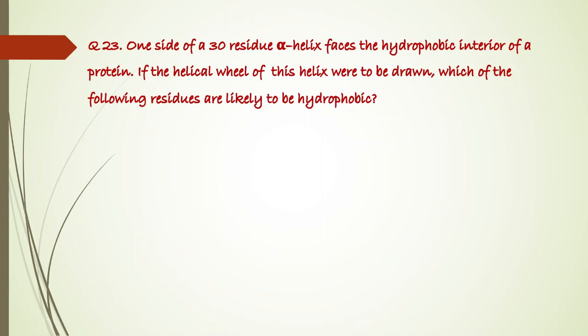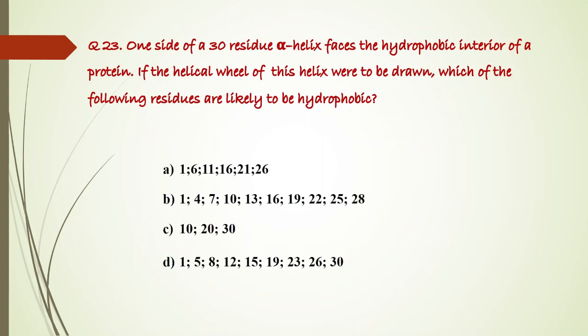It states: one side of a 30 residue alpha helix faces the hydrophobic interior of a protein. If the helical wheel of this helix were to be drawn, which of the following residues are likely to be hydrophobic? These are your options.